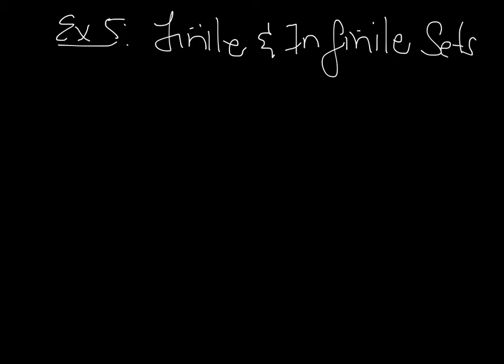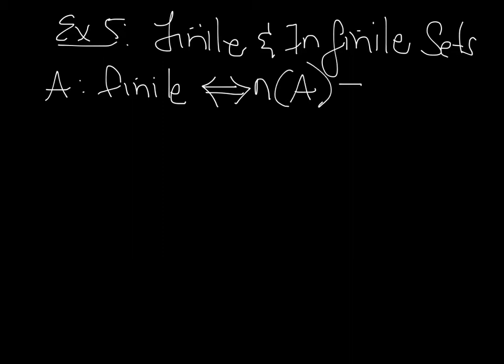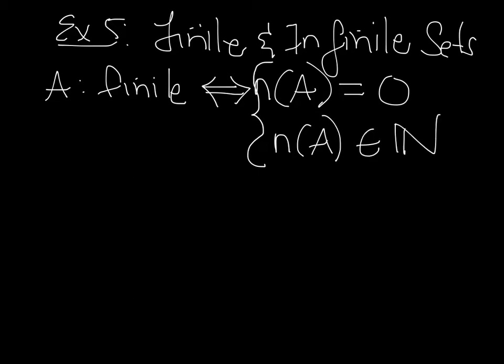From your handout, a finite set, let's just say A, A is finite, means if and only if the cardinality of A is either 0, meaning there are no elements, or the cardinality of A is actually a natural number, meaning 5, 4, 7, 17 from our class.